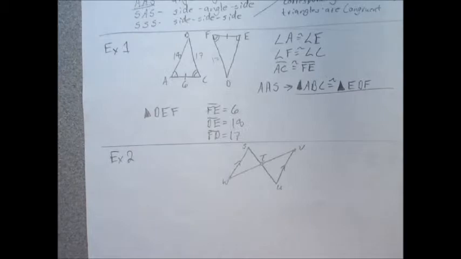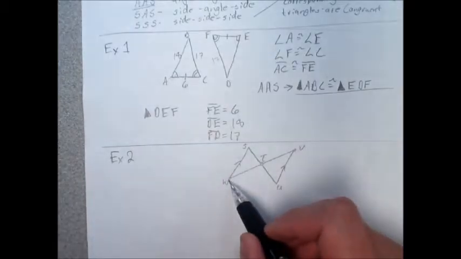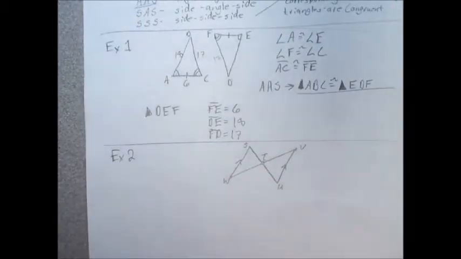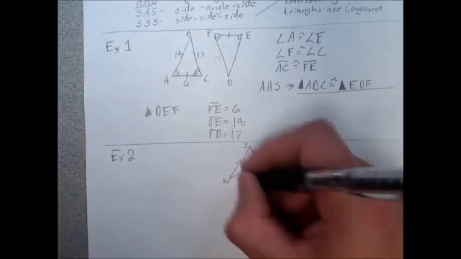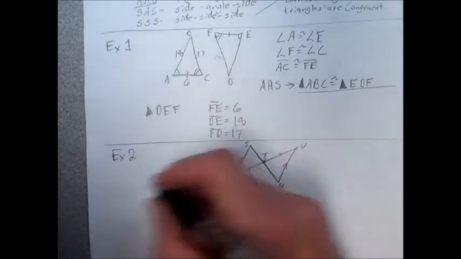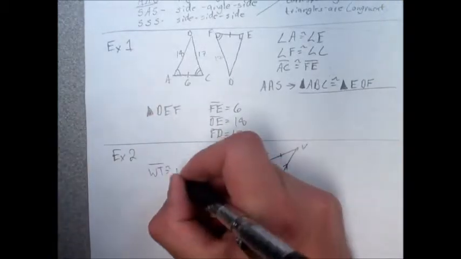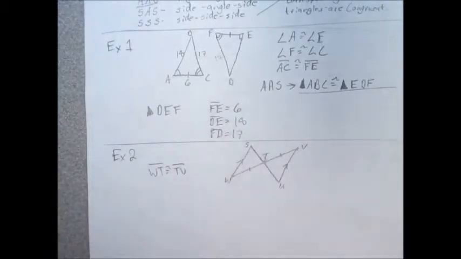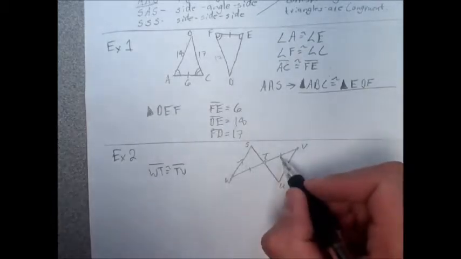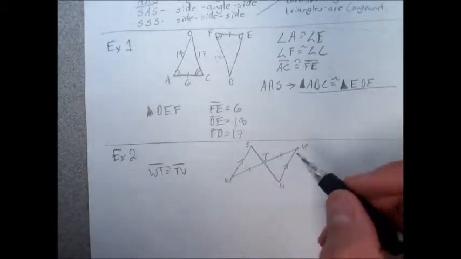They're congruent. They're equal to each other, right? So I can state that WT is congruent to TV because of the definition of a midpoint, right? So now I have this side and this side that are equal to each other.